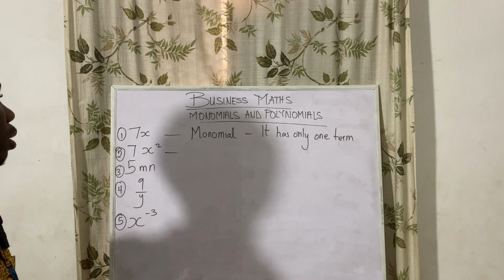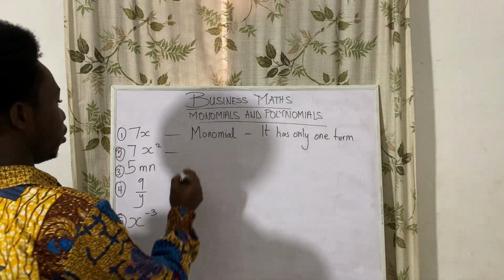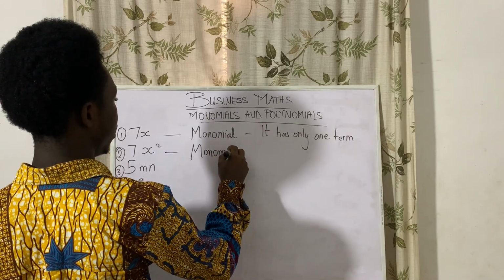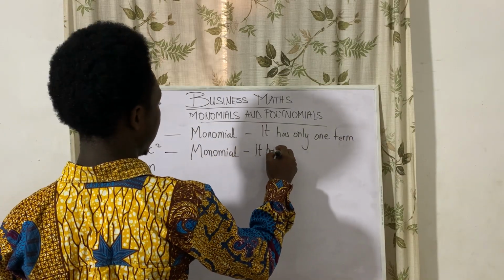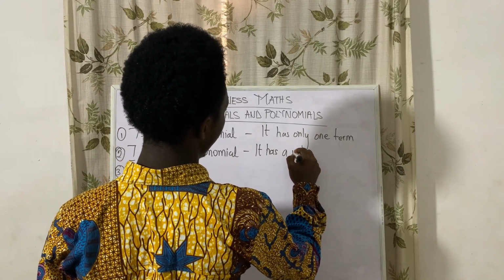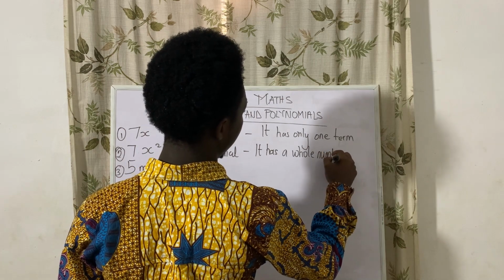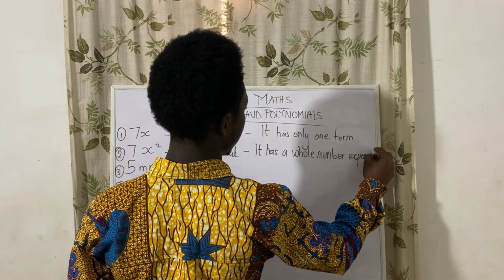Is it a monomial or not? This is a monomial. Why? It's because it has a whole number exponent.